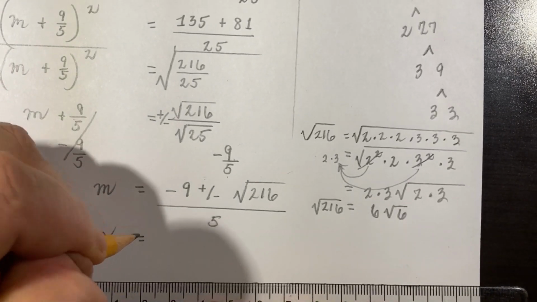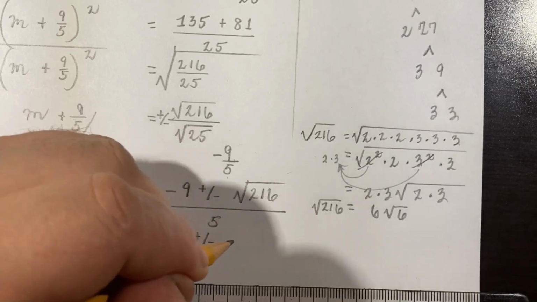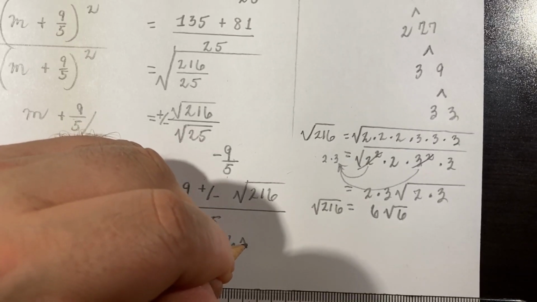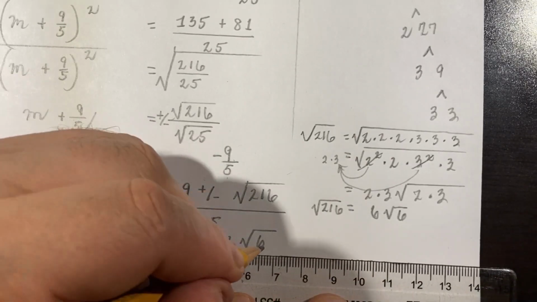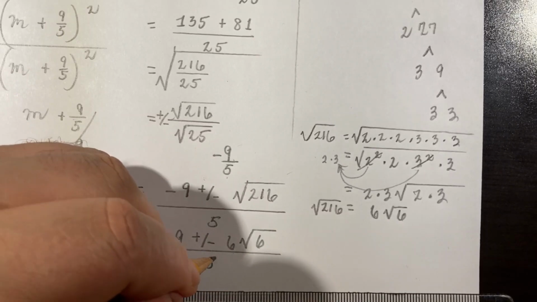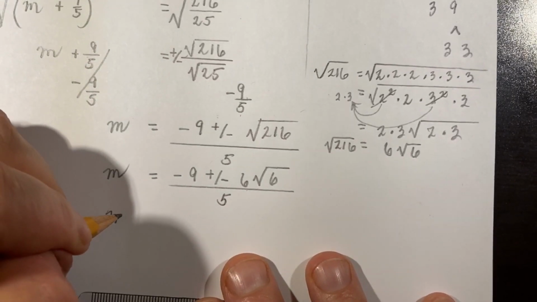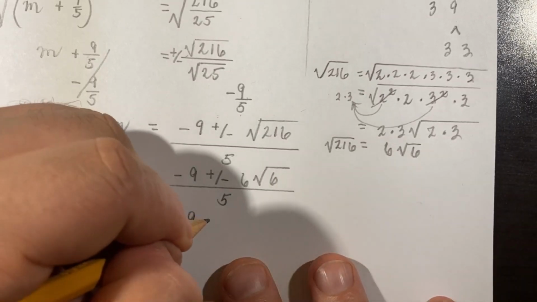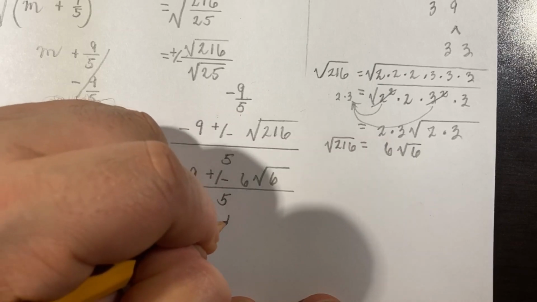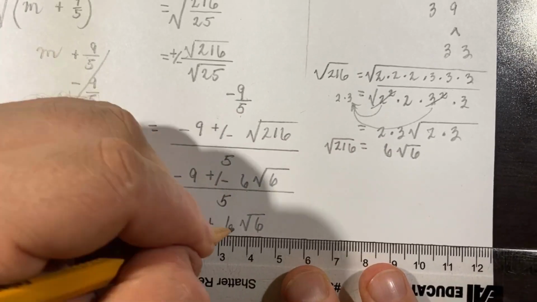So m equals -9 plus or minus 6 square root 6, all over 5. Okay, so we have two solutions here. M1 is equal to -9 plus 6 square root 6 over 5.